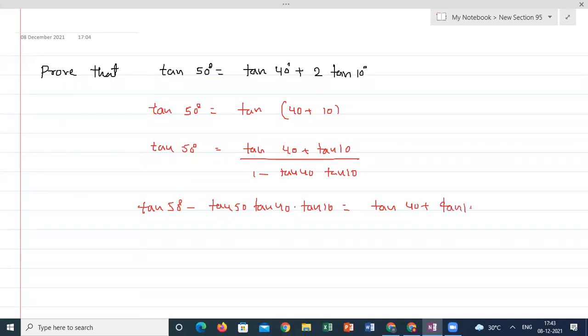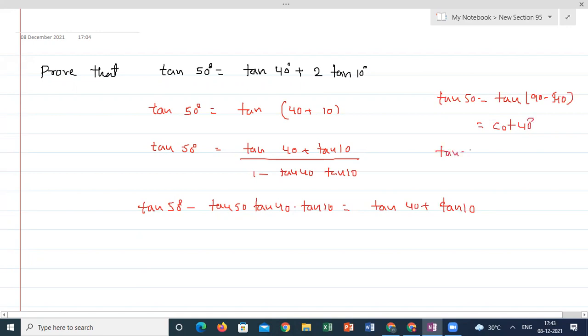We know tan 50 can be written as tan of 90 minus 40, which is equal to how much? Cot 40. So tan 50 is equal to cot 40, which can be written as 1 by tan 40.